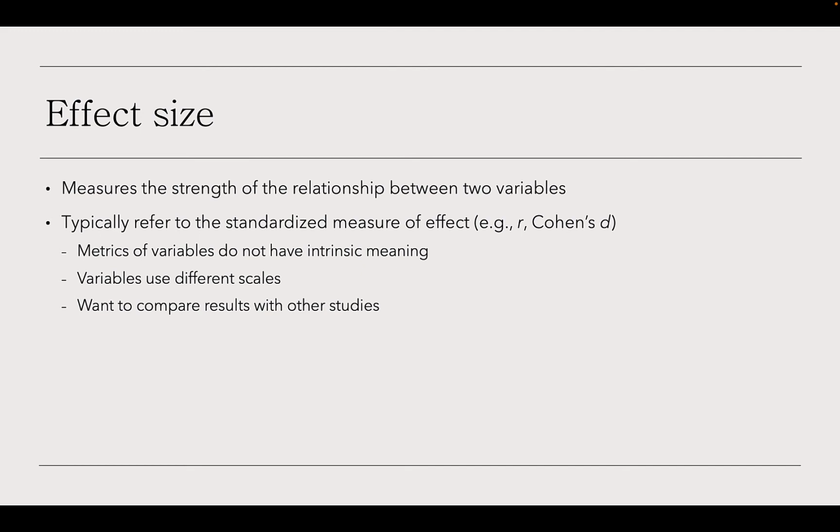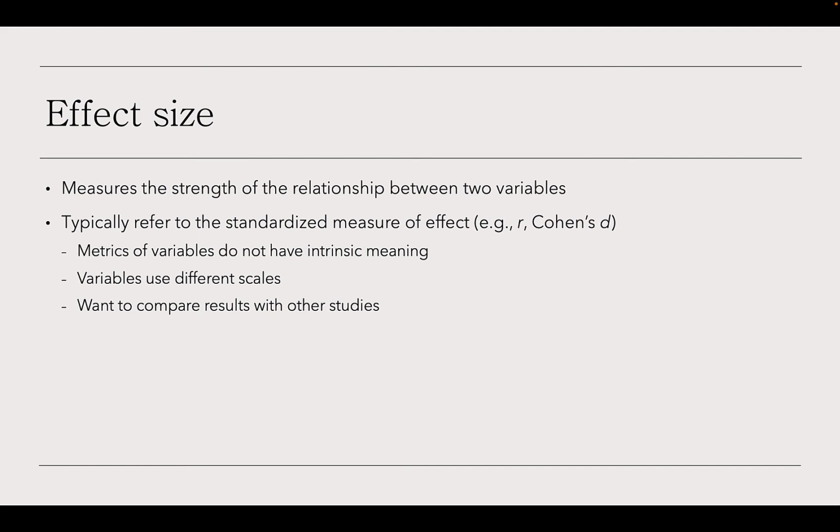So an example of an unstandardized measure would be the unstandardized slopes in a multiple regression line. But typically we need standardized measures. So this would be like little r here, Pearson's correlation, or Cohen's d, which you used with t-tests in EDRM 705. All right, so why do we need standardized measures?